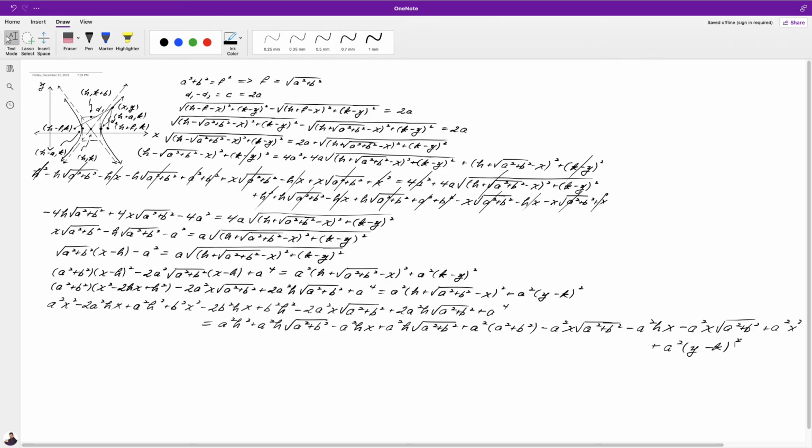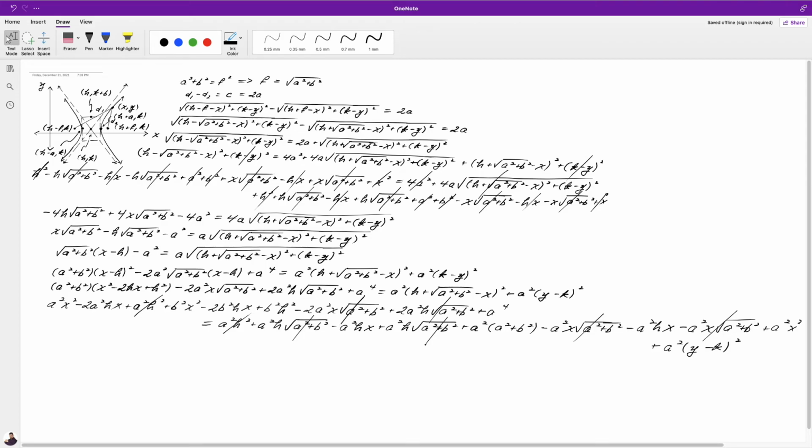Okay, very good. Well, clearly we can see that we can subtract an a squared h squared from both sides. That's convenient. Now over here on the left-hand side, we've got a negative 2a squared x times the square root of a squared plus b squared. And on the right-hand side, we've got 1, 2 of the same thing, negative versions. So these can cancel out with this, and then this, using the same reasoning, can cancel out with these here.